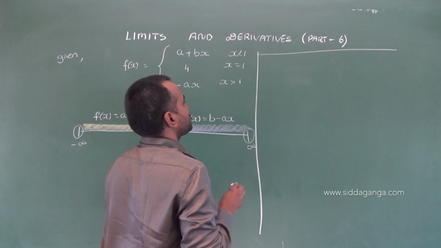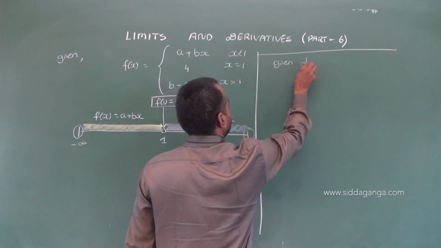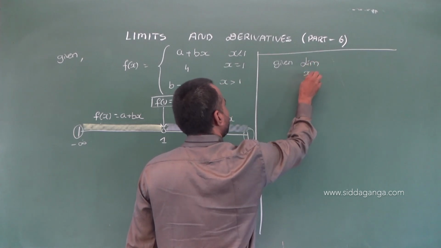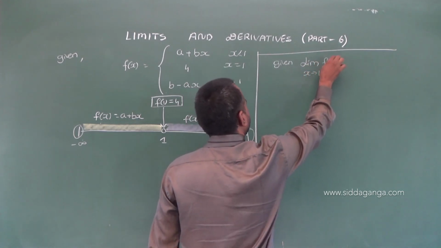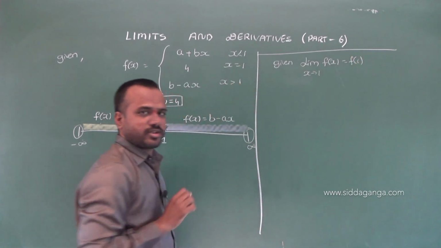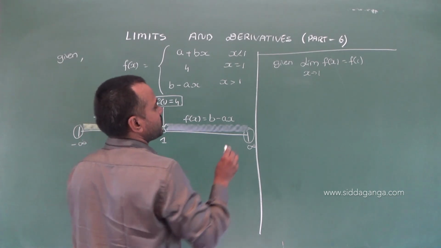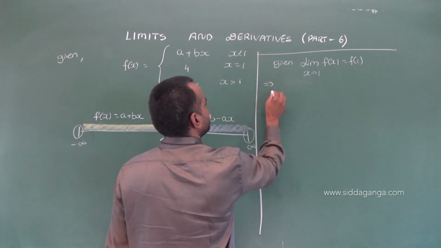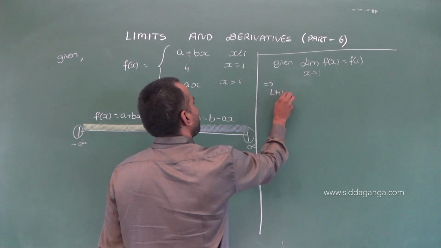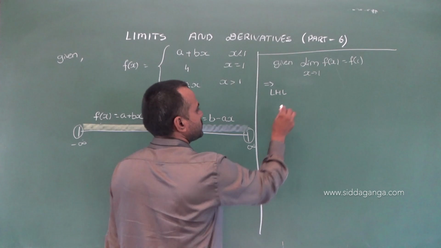One more condition he has given: limit x tends to 1, f of x is equal to f of 1. That implies, I take the left hand limit first.